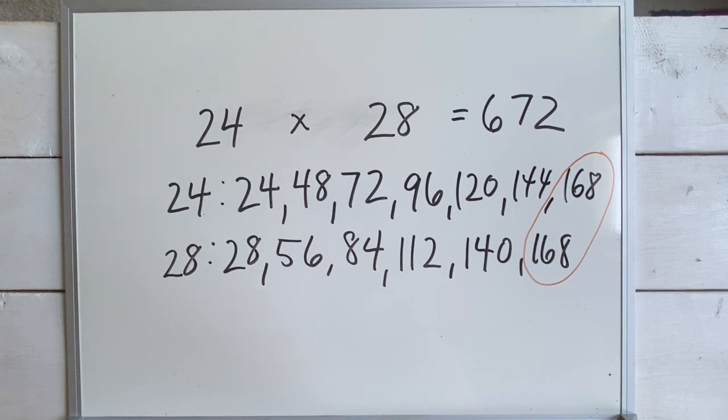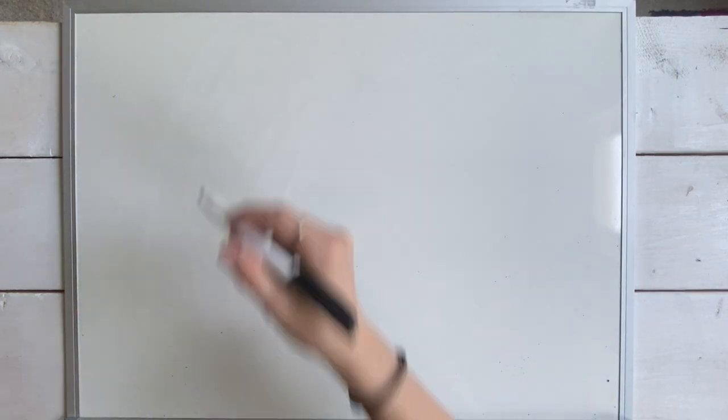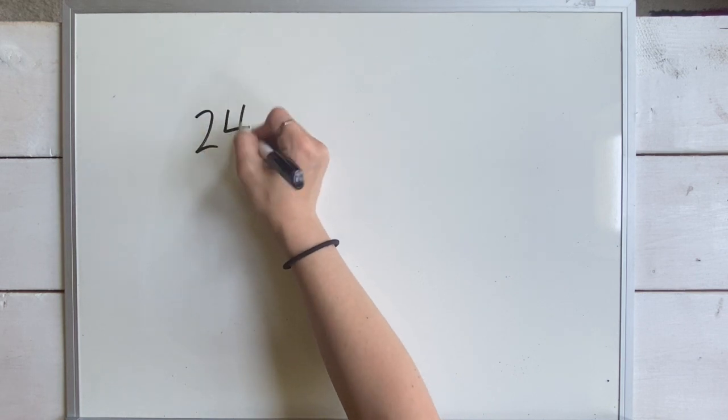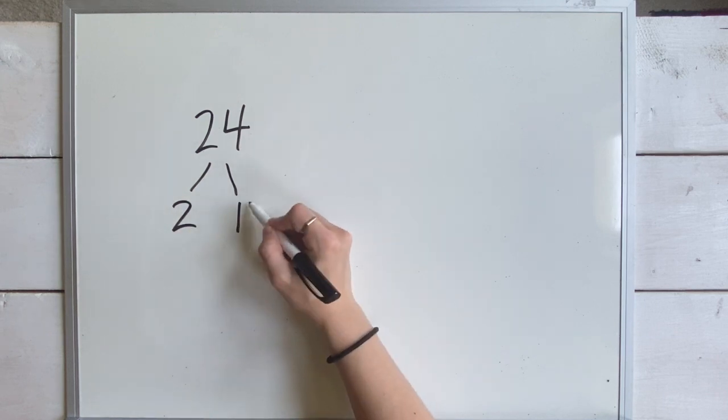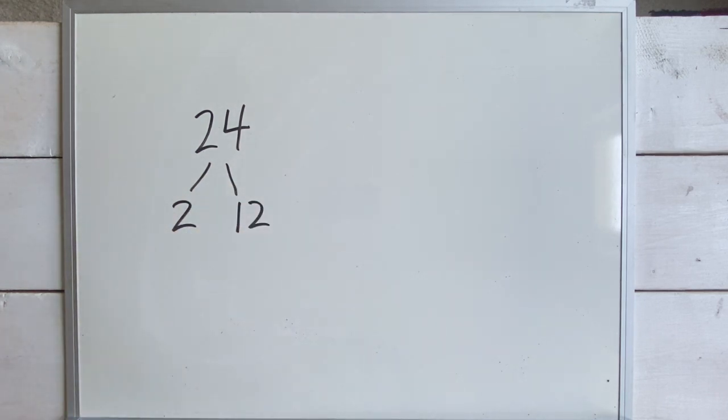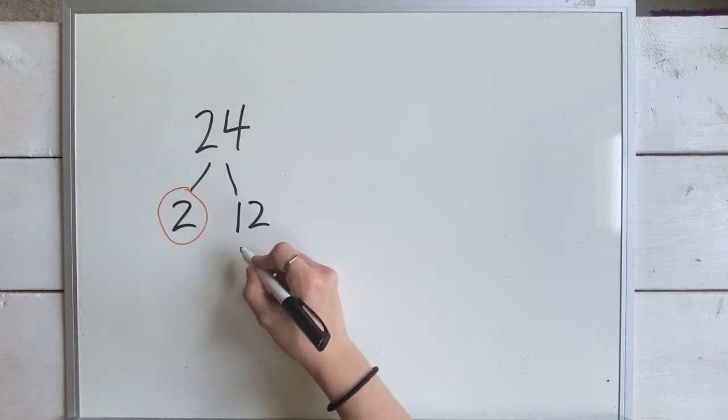And here's what we're going to do. We're going to start by finding the prime factorization of each number. So we draw a factor tree. 24, two numbers that go into 24, 2 times 12. 2 is a prime number, so we circle all the prime numbers. That's the end of that branch of the tree.